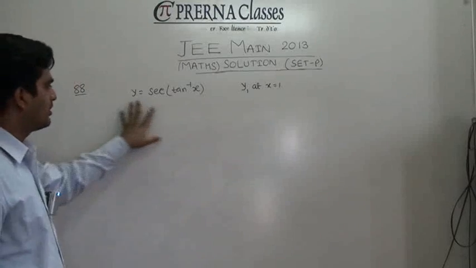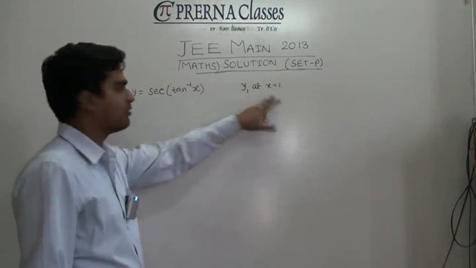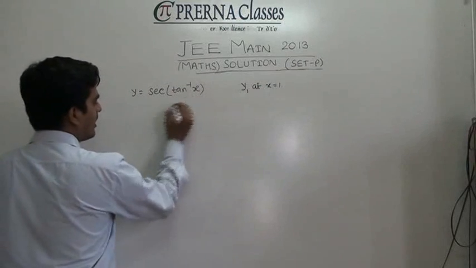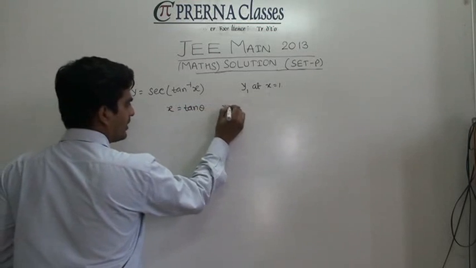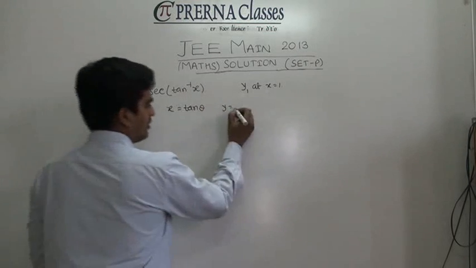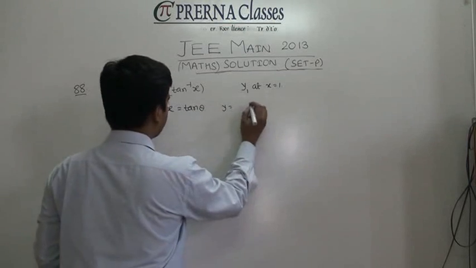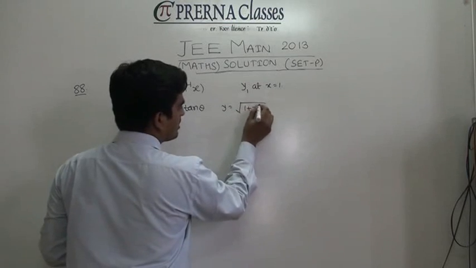Okay, in the 88th one, this is the function given and you have to figure out its dy by dx at x equal to 1. Since tan inverse x is given, suppose I am assuming that this is an angle theta. So obviously x is then tan of theta. If x is tan of theta, this becomes sec theta. So y in terms of that theta, you can clearly check, it's going to be this much.